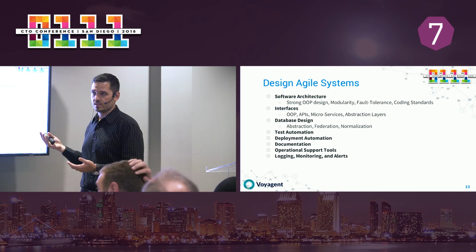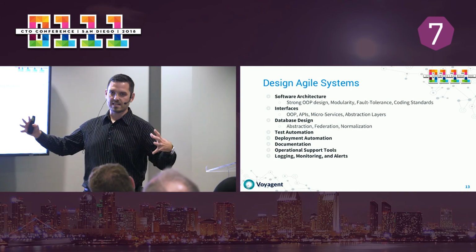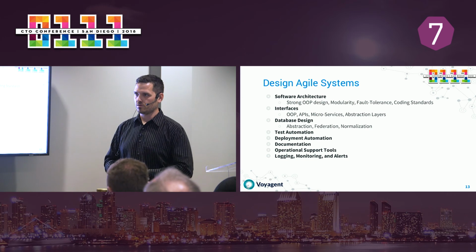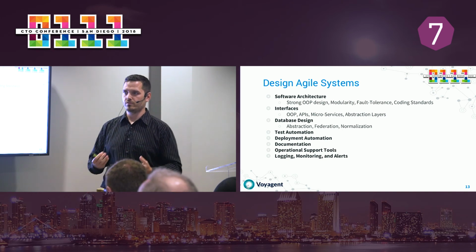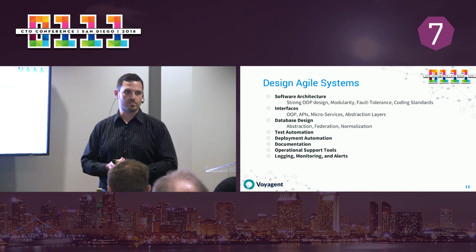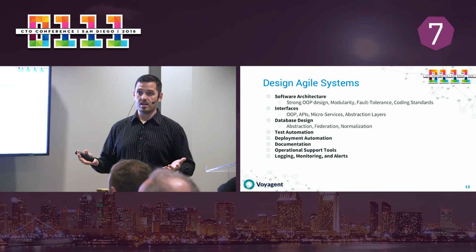So normalization is one way of refactoring your data model, right? So take big flat tables and spread them out into a number of small tables with links. Again, test and deployment automation, right? Make it easier for you to push things out rapidly without being bogged down with QA or regression. Invest in documentation, okay?